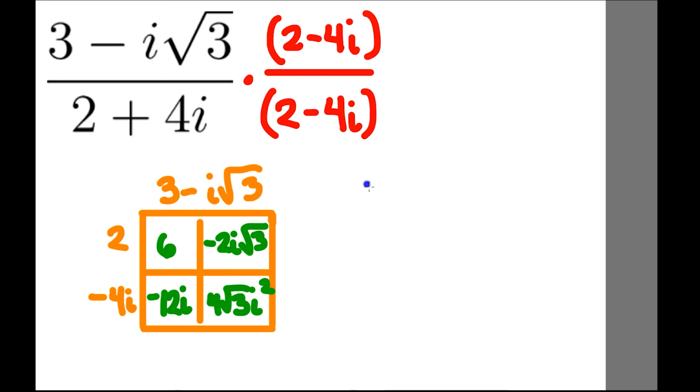All right, then I'm also going to do the area model for that bottom when you're multiplying across from the 2 plus 4i times 2 minus 4i.